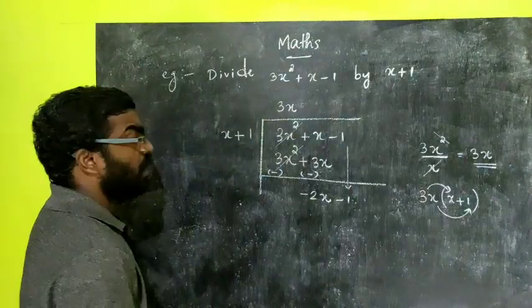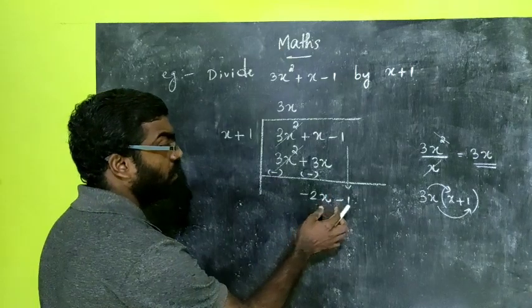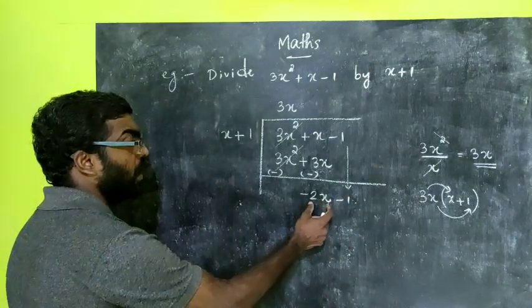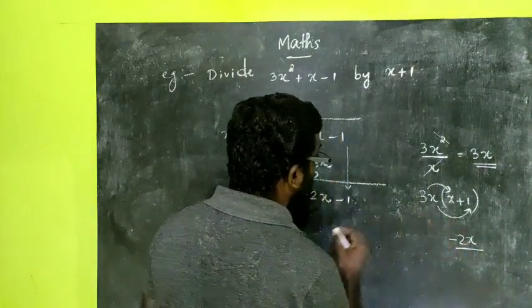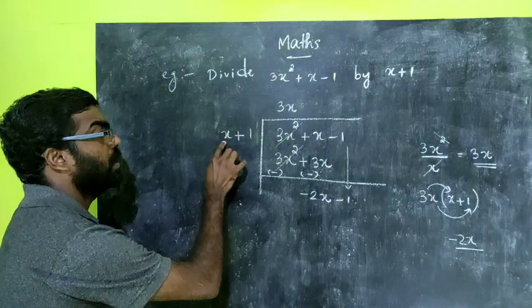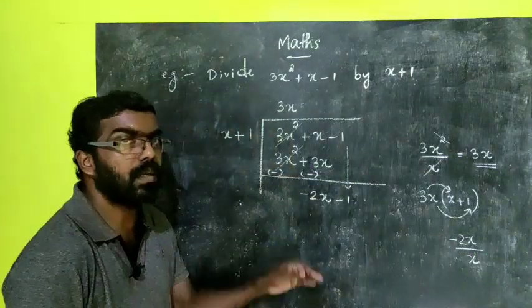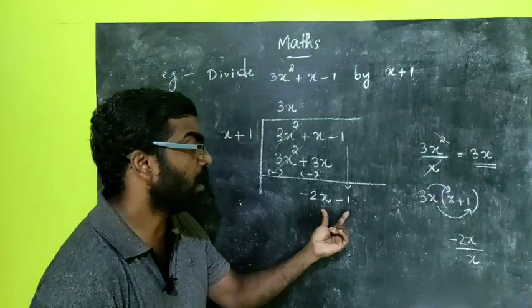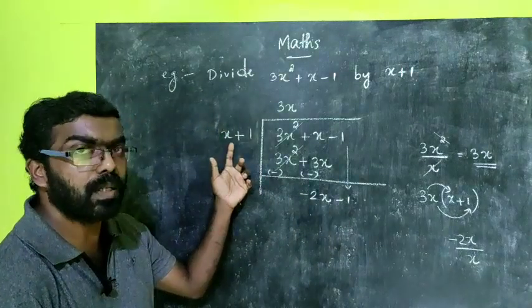Now again we take the first term in the dividend. Now minus 2x minus 1 is the dividend and the divisor is the same, x plus 1.